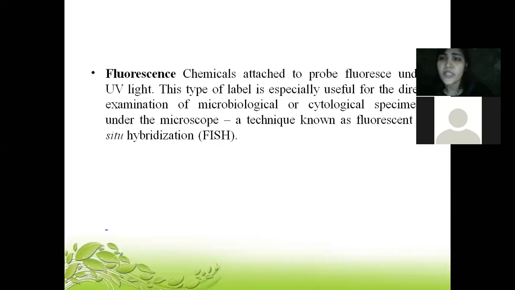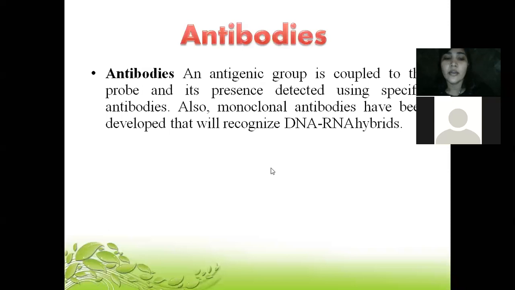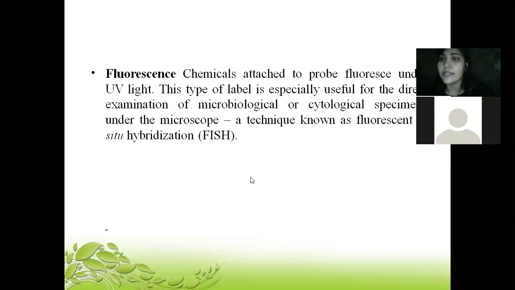But yeah, this is the most famous method to be used nowadays for detection purposes. Very important, very useful. If you ever work in a molecular diagnostic lab, you will come across this method very frequently. Then we'll talk about the antibodies in the next session, because we have less than 1 minute remaining.